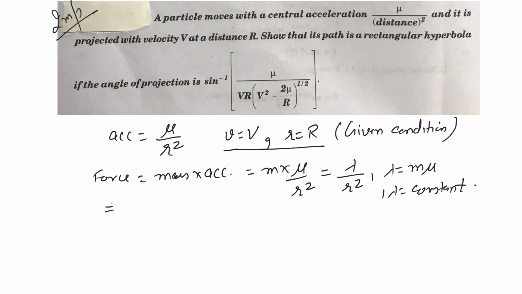This implies that f is equal to lambda by r square. So this is the law of force in case of a hyperbolic orbit, and you can refer to the article.